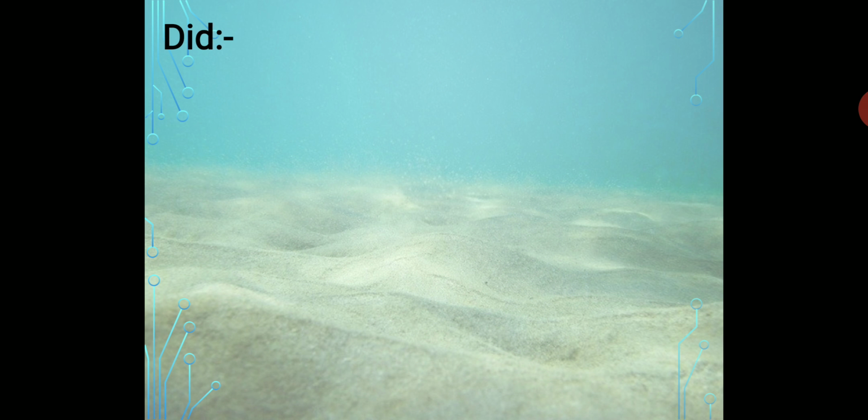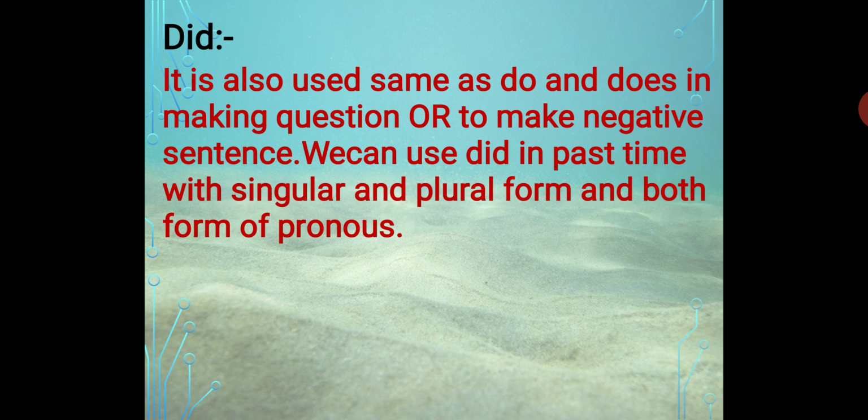Let's move on. Now we will get knowledge about did. We learnt where and when we use did. It is also used same as do and does in making a question or to make a negative sentence.